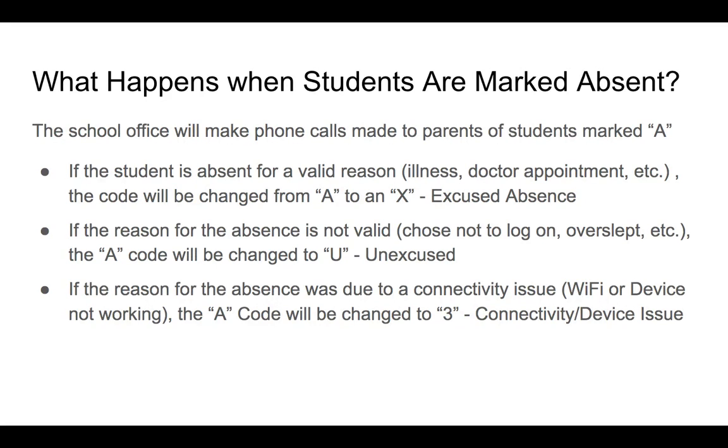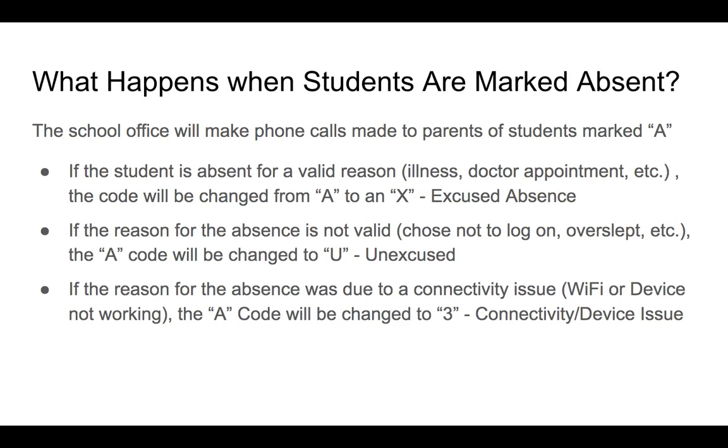What happens when students are marked absent? The school office will make phone calls to parents of students who are marked A for absence. If the student is absent for a valid reason, such as an illness, doctor's appointment, or other valid reasons, the code will be changed from an A absent to an X excused absence.